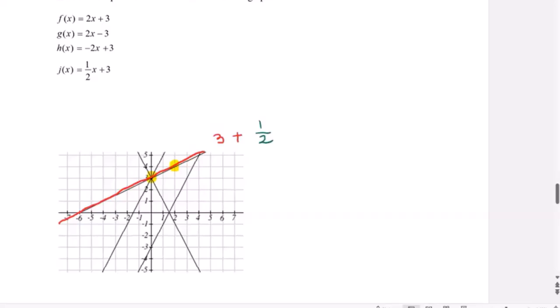That's my slope. So the equation of that red line is 1/2 x plus 3. So this line right here is j of x.